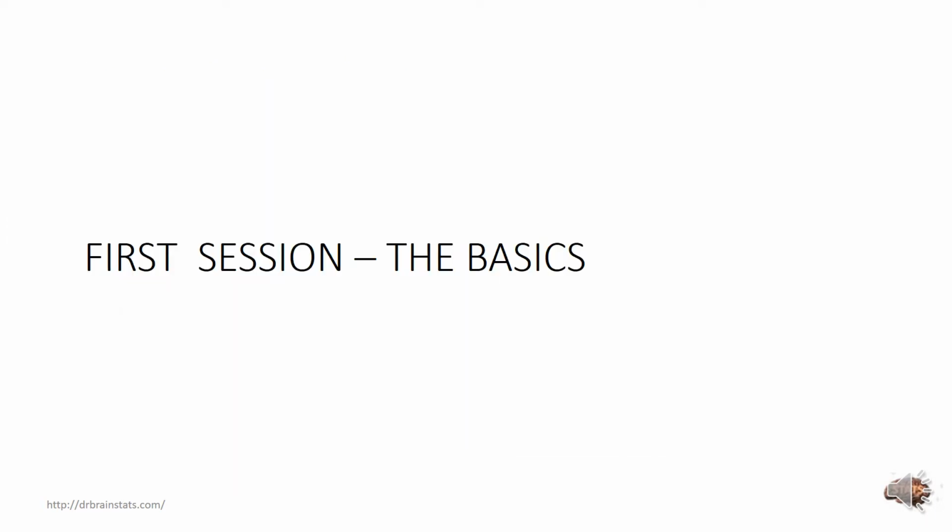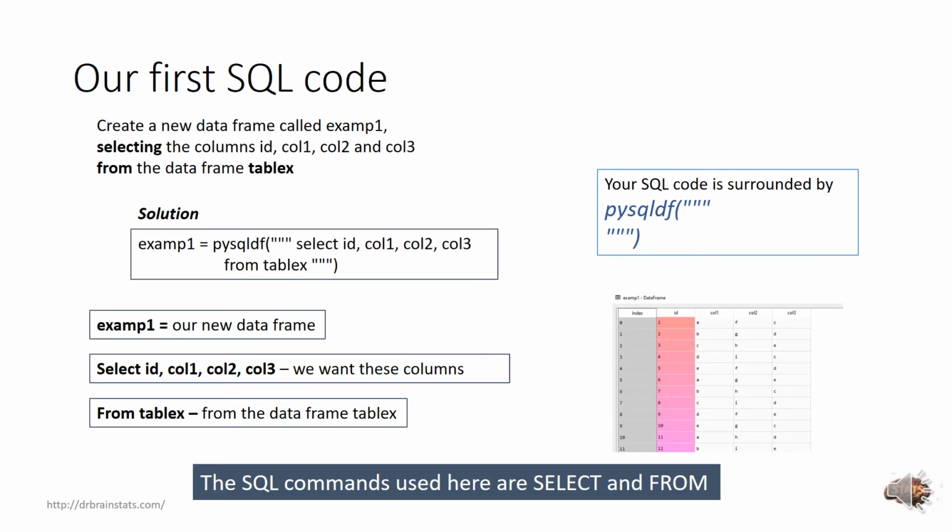So first session, the basics. With our initial code run, we are now going to use SQL. We're going to create a new data frame called example1. We're going to select the columns ID, col1, col2 and col3 from a data frame tablex. As we see from the solution, example1 equals py_SQL_df, open brackets, and we got the select statement.